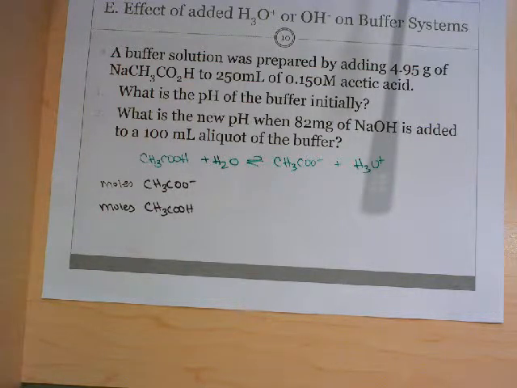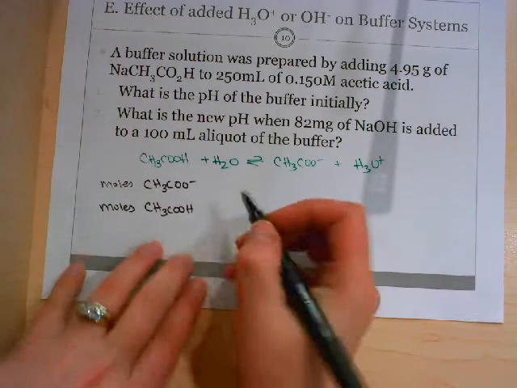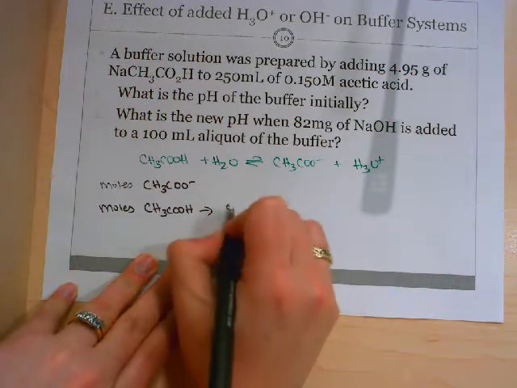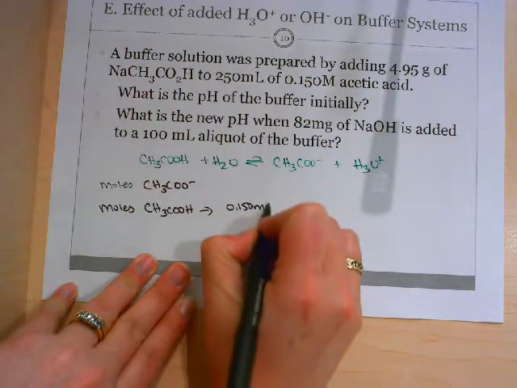Acetic acid, right? You have everything you need to find acetic acid moles. Easily. You can find the other one. So if I want to find moles of this, 0.150 moles.